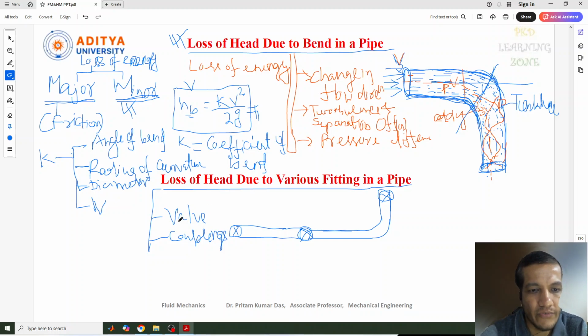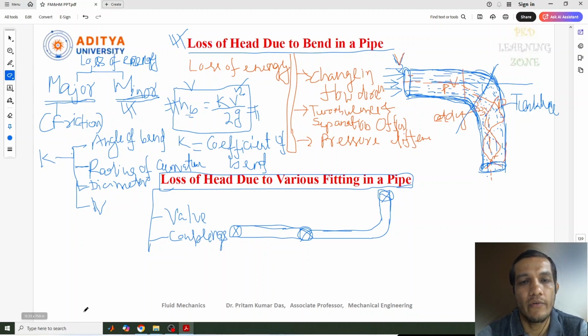Due to the number of valves and couplings fitted in the pipe, there will also be a loss of head. This loss of head is nothing but the loss of energy. Energy is directly related to the velocity of the flow, which is why all these equations are associated with velocity, because it is directly related to the kinetic energy. So if there is some disturbance in the flow, that means there is a disturbance in the velocity. That's why we call it loss of head or loss of energy.